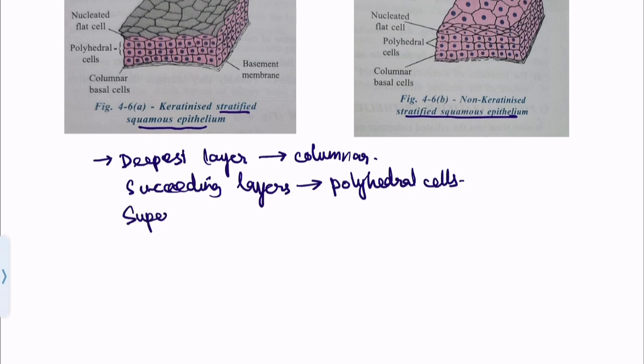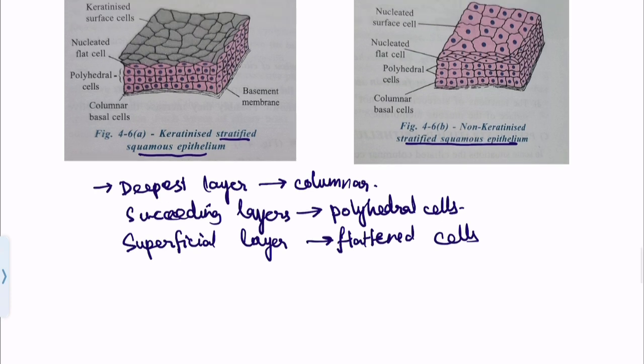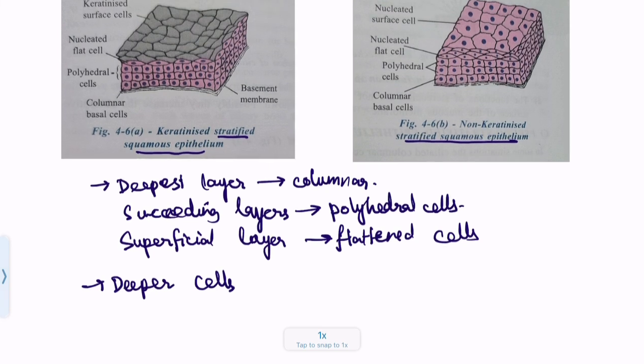Superficial layer has flattened cells. This is a deeper layer; cells are germinative.